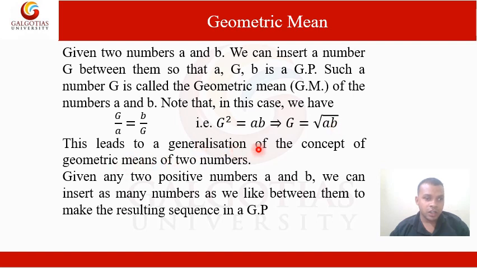This leads to a generalization of the concept of geometric mean of two numbers. Given two positive numbers a and b, we can insert as many numbers as we like between them to make the resulting sequence a GP.